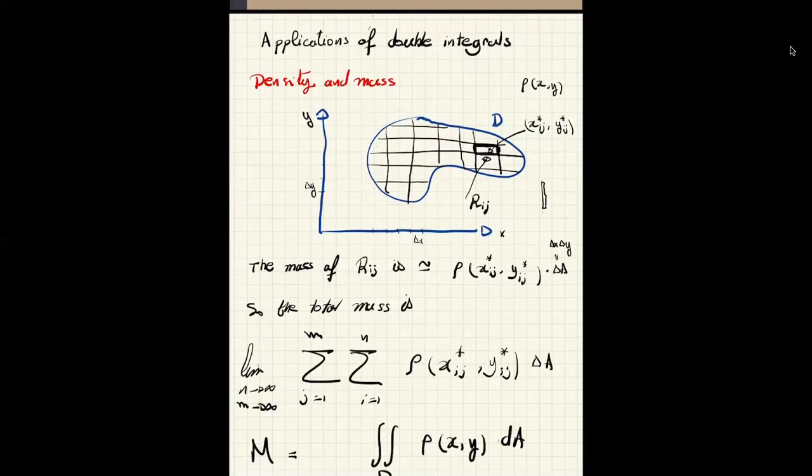You have to take both n and m, so that all of these rectangles become very small points. By the end, your region will look like this, very small points all around, right? That's what you want.